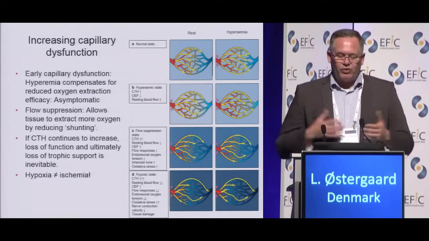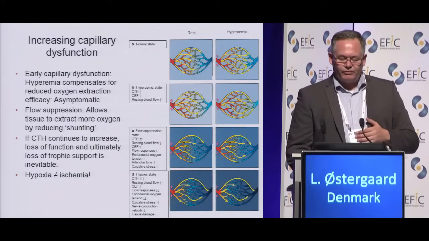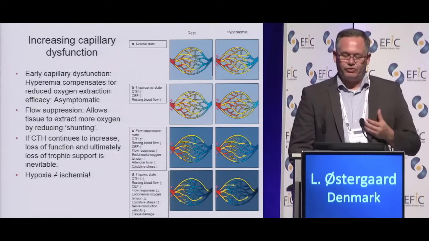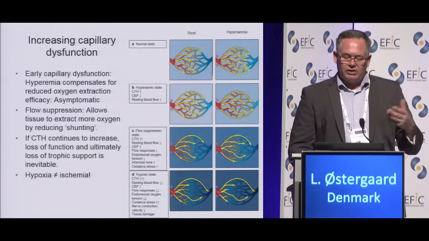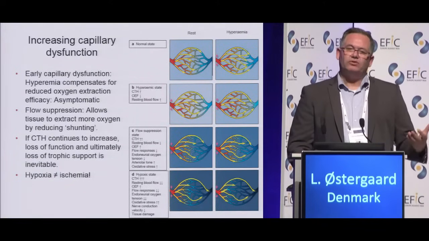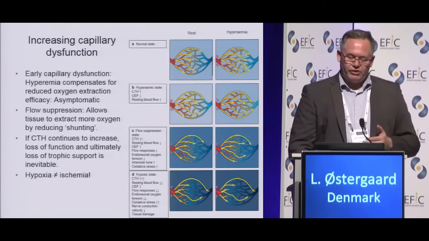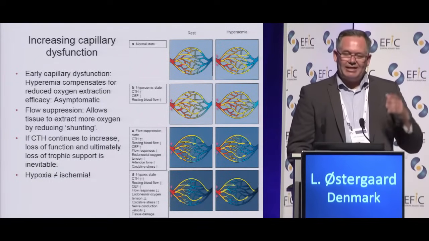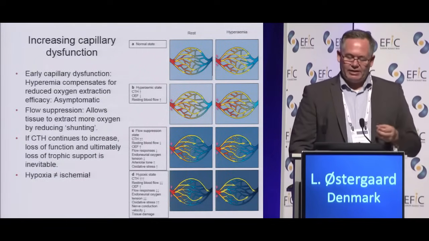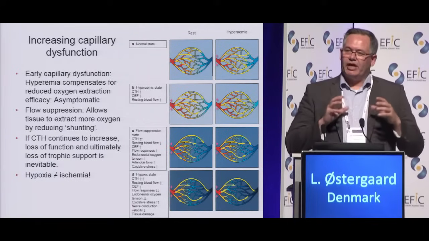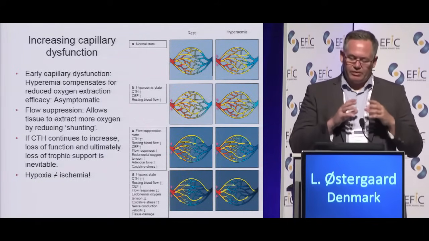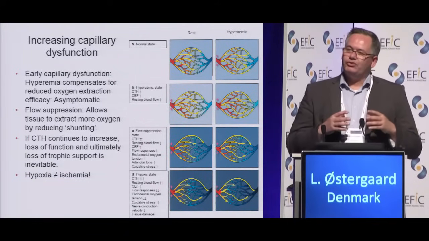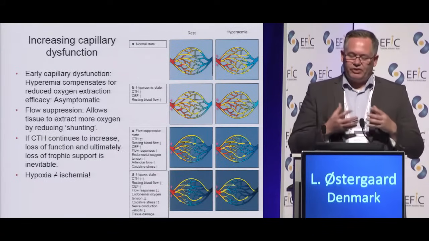So just to summarize what happens if you gradually disturb capillary flows. First, as I said, the early stage, which is indeed what was observed, is that oxygen extraction efficacy will go down, so the tissue will adjust by increasing blood flow. In the end, that fails as a mechanism, and instead you have to start suppressing flow responses and blood flow in order to extract more efficiently.